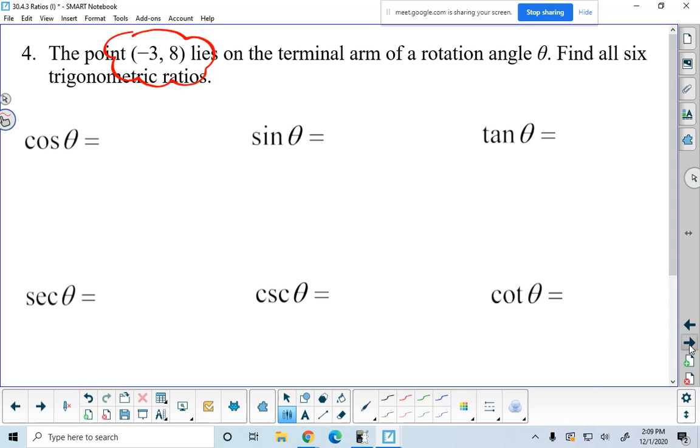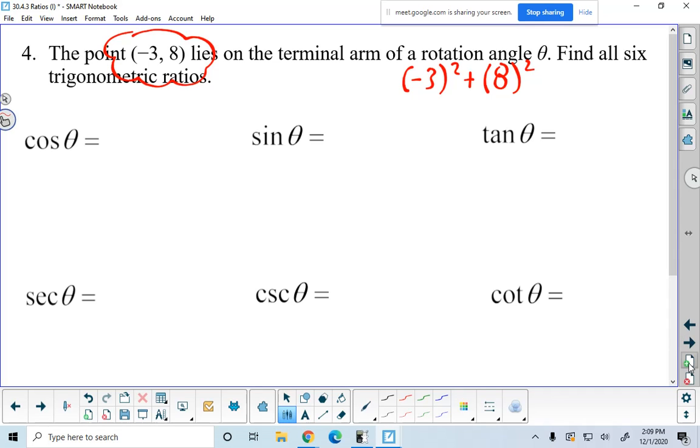One of the ways to answer that question is to remember that x squared plus y squared equals 1. So ask yourself, what do you get if you square negative 3 and square 8? Well, how many of you see you're not going to get 1? How are you going to get 1 out of that? These numbers will be 9 and 64.